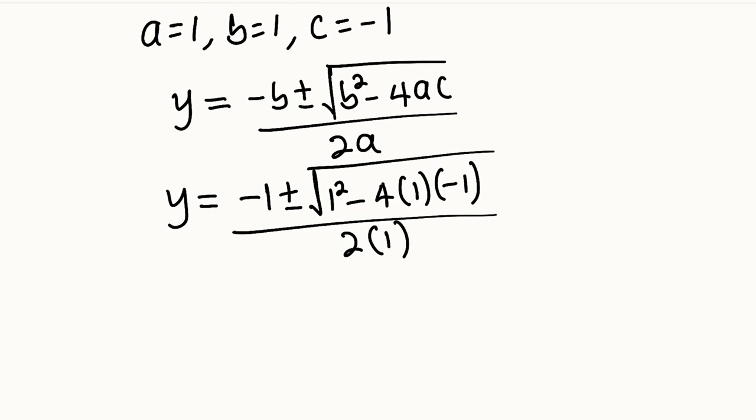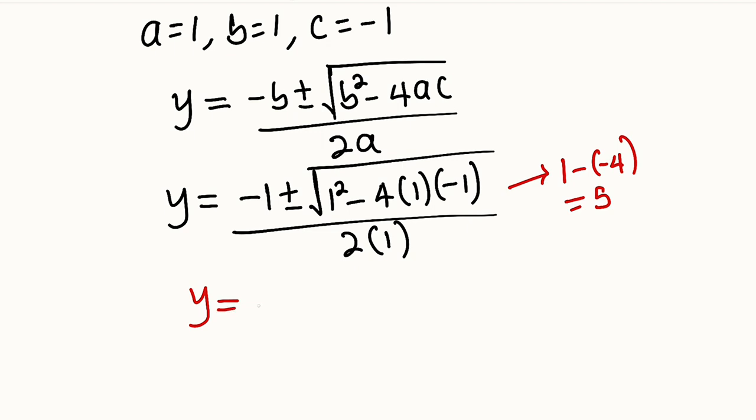All right. Let me first of all simplify what is under the square root. 1 squared is 1, so I have 1 here, minus 4 times 1 times negative 1 is negative 4. So we have negative 4 here. The whole of this is positive 5. So what I have under the square root is 5.